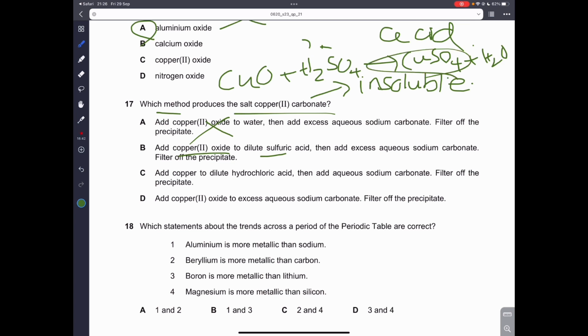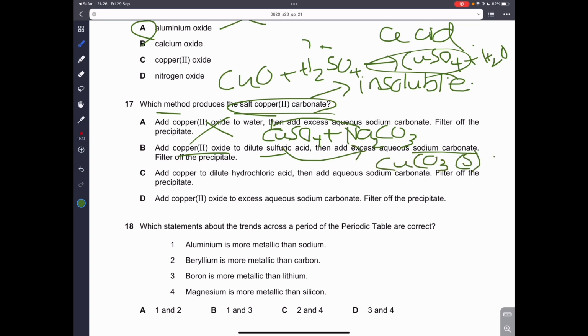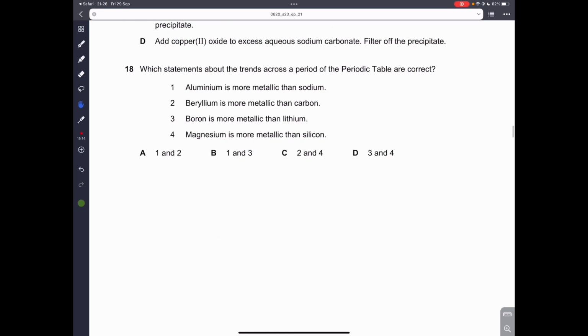Copper sulfate is produced and then another reaction takes place, which is the double displacement reaction. Copper sulfate is a soluble salt, so when 2 soluble salts combine, we can create the insoluble salt, copper-2 carbonate. The sodium takes copper's place and the copper takes sodium's place, so copper carbonate forms as a precipitate. So B is the correct answer.